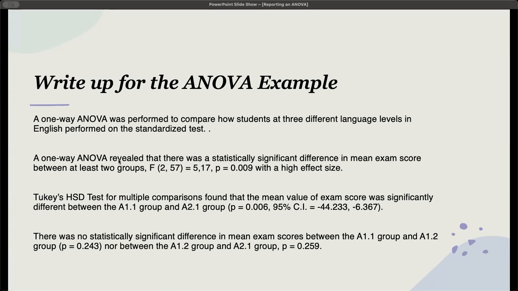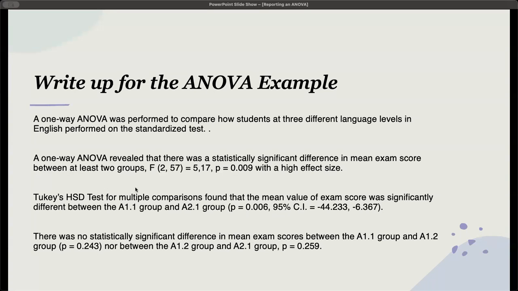F(2, 57) = 5.17, p = 0.009 with a high effect size. So here we can just say the high effect size. If you want to put eta squared in brackets as well, you can put eta squared equals and put the number in here if you like, but you don't need to report that right here.